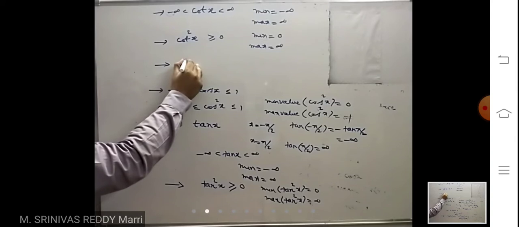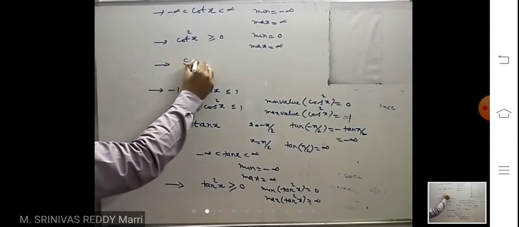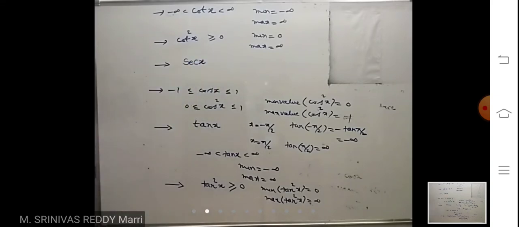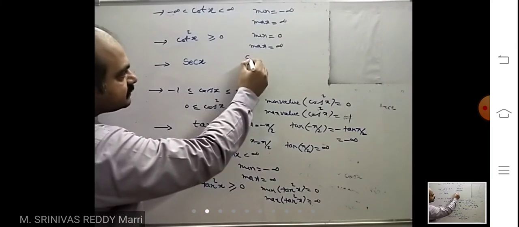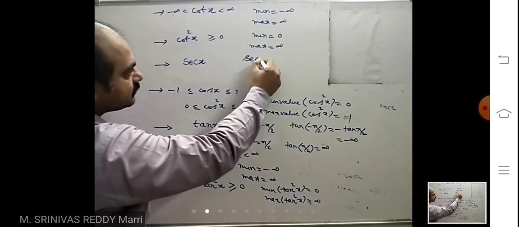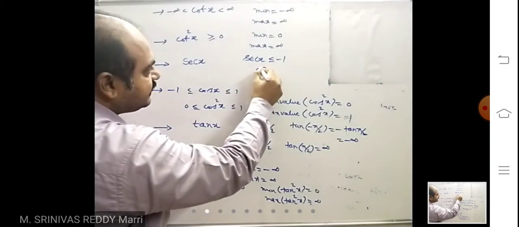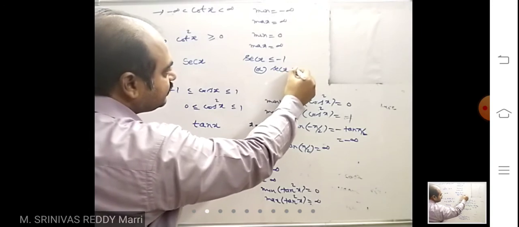Similarly, suppose secant x. Secant x will be either less than or equal to minus 1 or greater than or equal to 1.